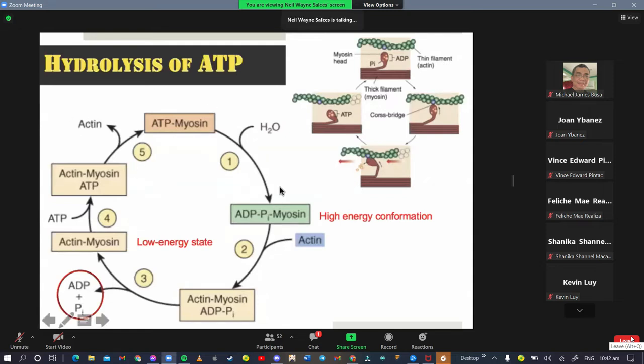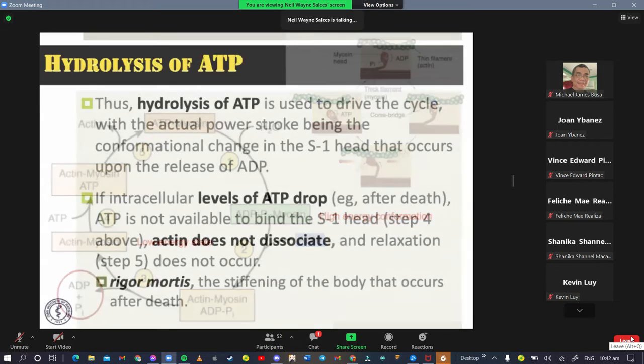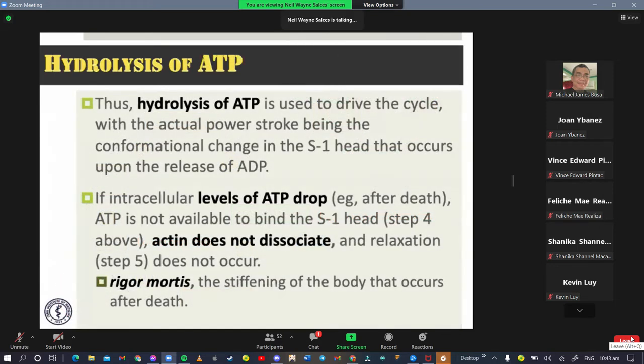So these are basically the five biochemical reactions that happen in muscle contraction and relaxation. So the hydrolysis of ATP is used to drive the cycle, with the actual power stroke being the conformational change in the S1 head that occurs upon the release of your ADP.